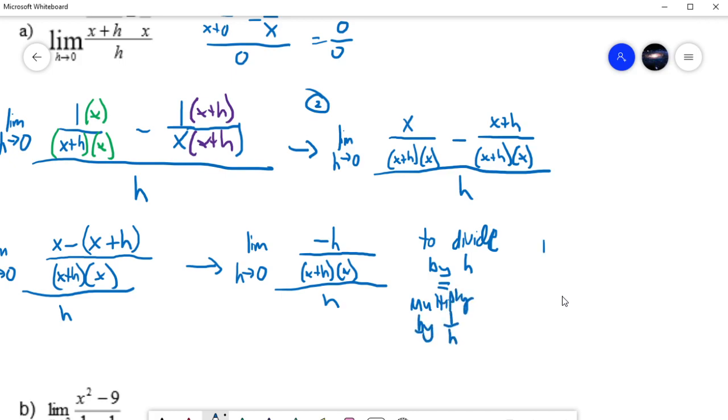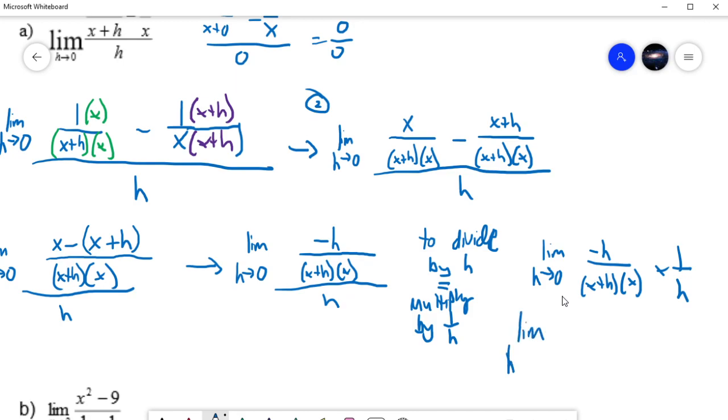So, I'm just going to write it slightly differently. Limit h approaches 0, negative h over x plus h times x times 1 over h, like so. That just deals with the division part at the bottom. Okay? This brings me to my last step.